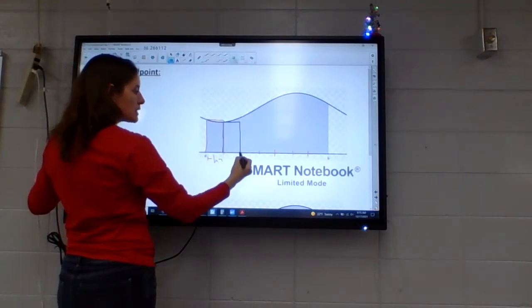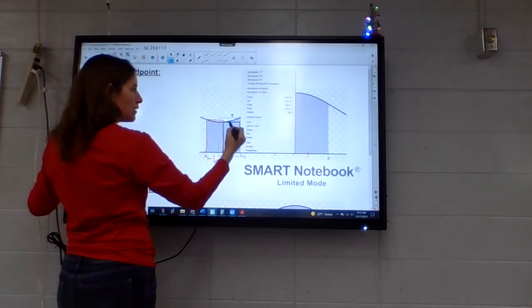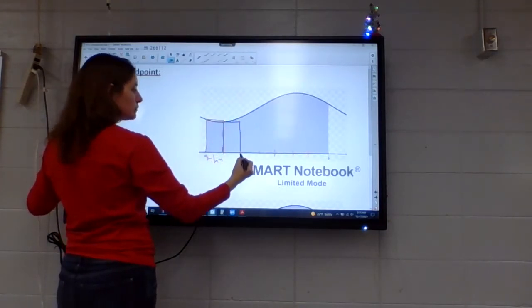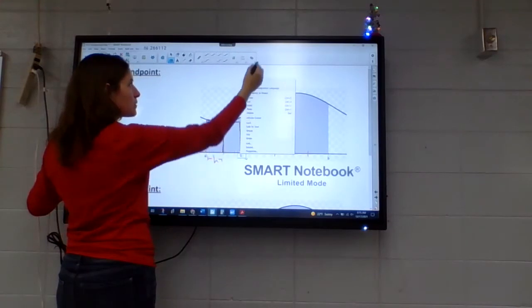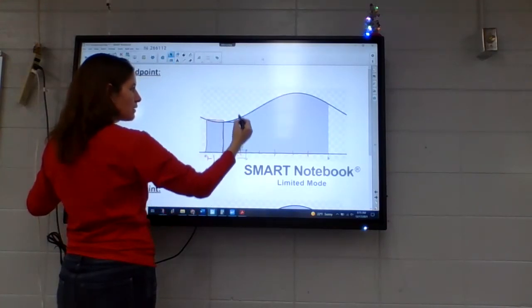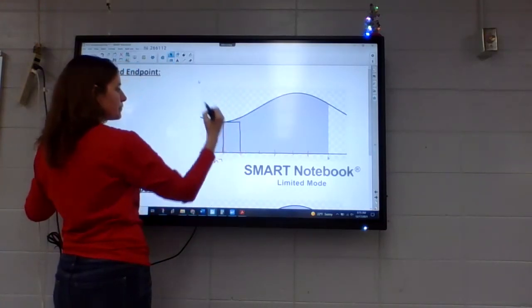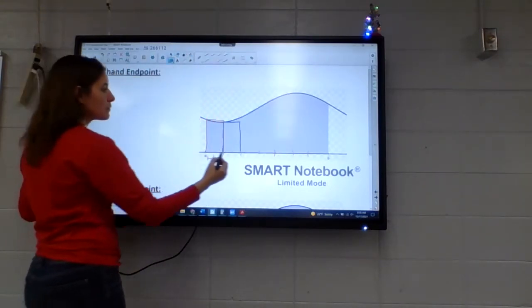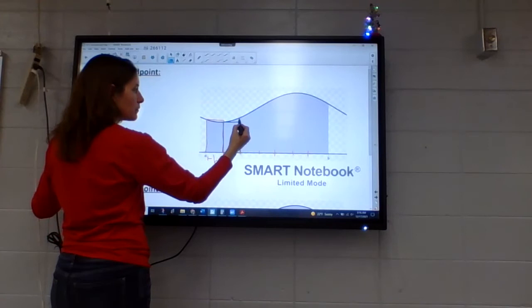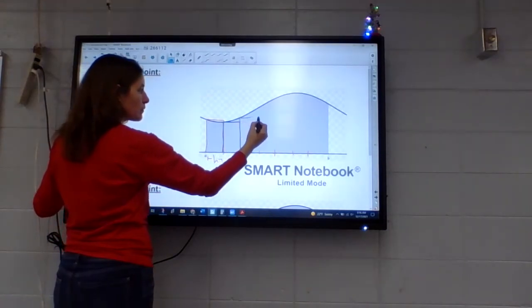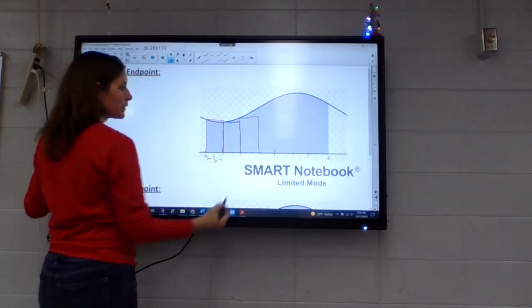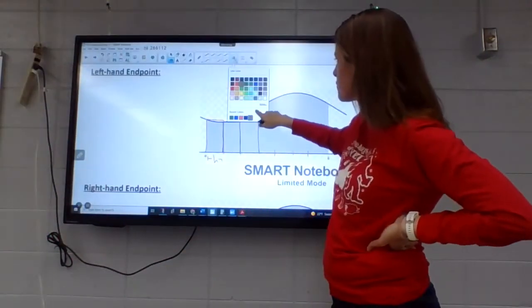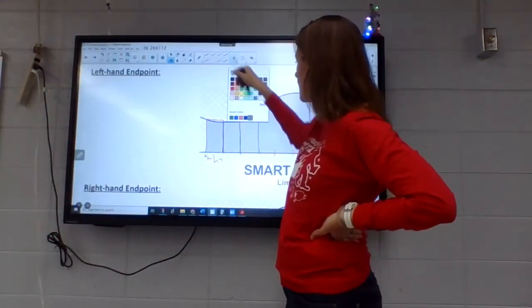But we're going to be consistent about it. Why is that not letting me? So I'm drawing these rectangles in again with a left-hand endpoint.